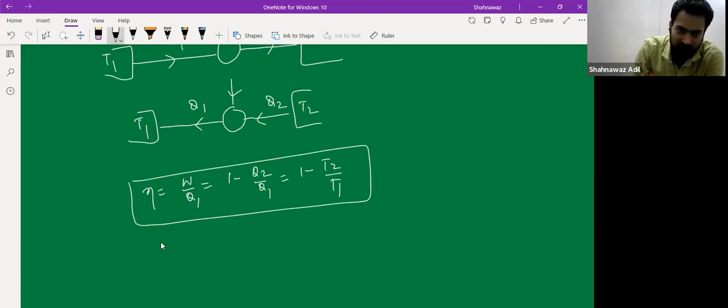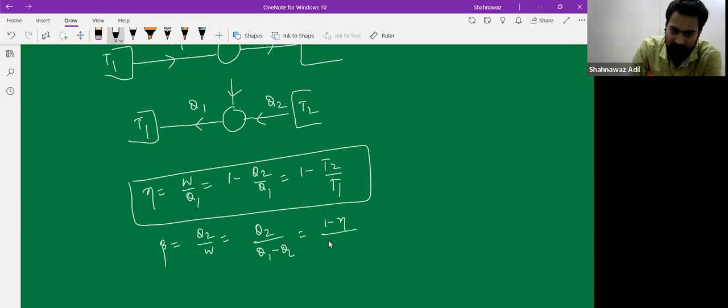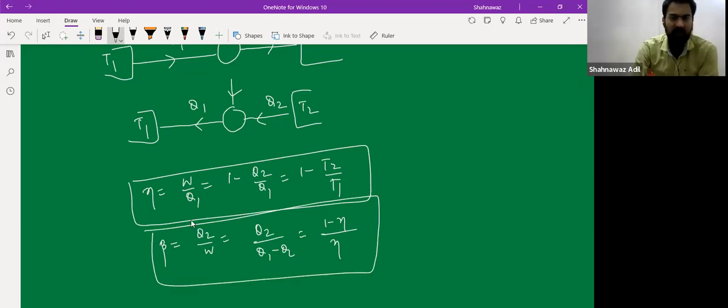And this beta was what? Q2 by W. So that was Q2 by Q1 minus Q2. So that this was 1 minus eta by eta. Okay, this much we all need to know about this heat engine and refrigerator.